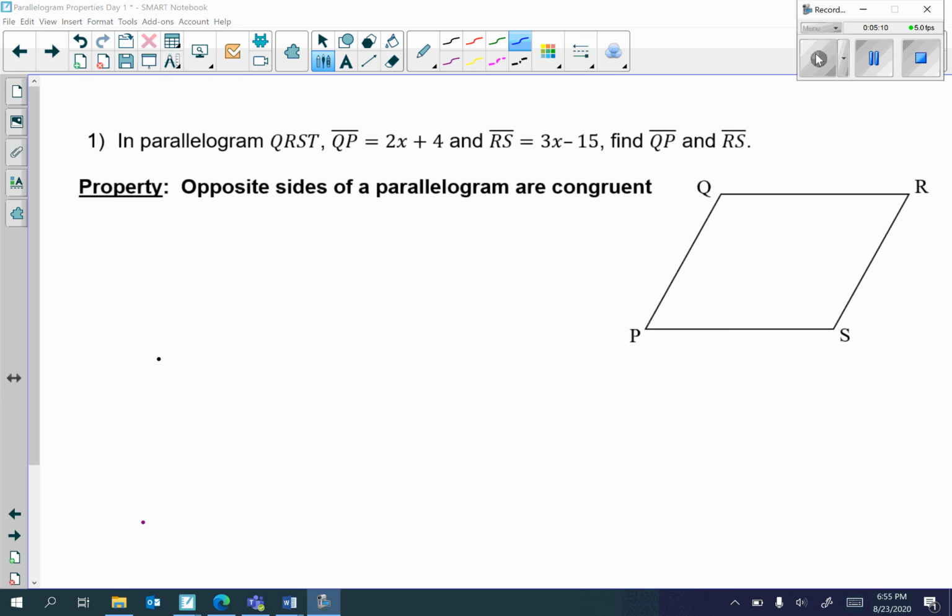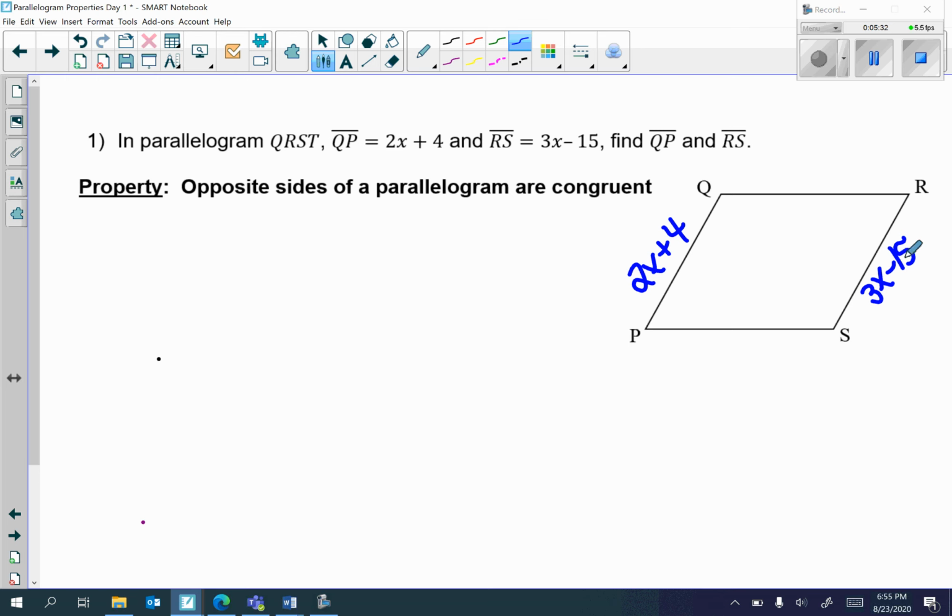Now let's look at a few examples where we can apply the properties. So number one, in parallelogram QRST, QP is equal to 2x plus 4. So let's write that in. And RS is equal to 3x minus 15. Find QP and RS.